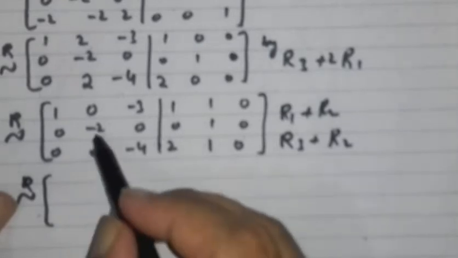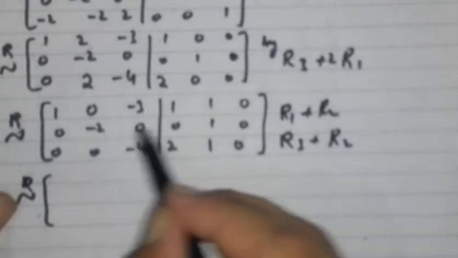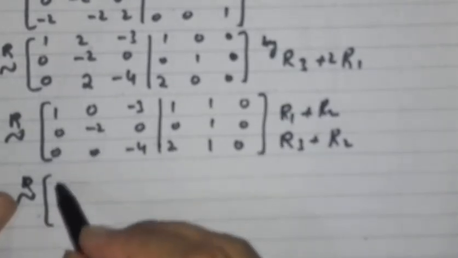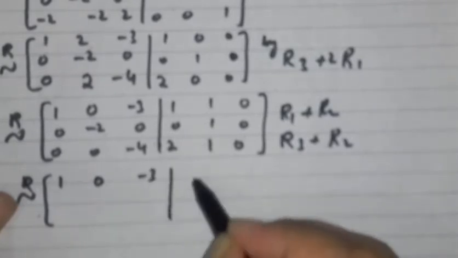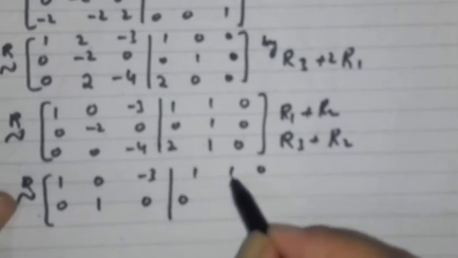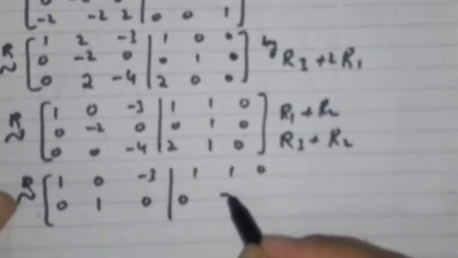Now row operation. Multiply this with minus 1 over 2 and this with minus 1 over 4. So here write this on its place, 0, minus 3, here 1, 1, 0. Multiply this by minus 1 over 2, so 0, here we get 1, here 0, here 0, and here minus 1 over 2 and 0.